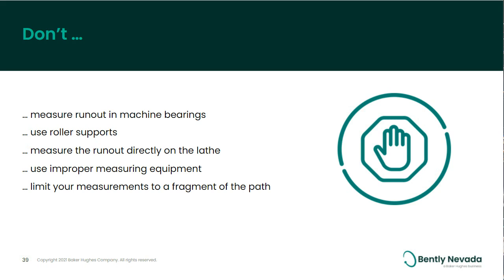And don't limit your measurements to a fragment of the path. This sounds a little weird, but there are some machines where, either through thermal growth or just through basic operation, the machine can be expected to travel axially. So the probe path, or the target area that the probe is going to be looking at, will not just be the width of that probe.